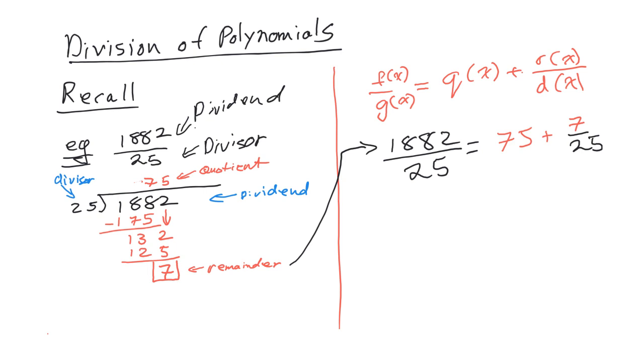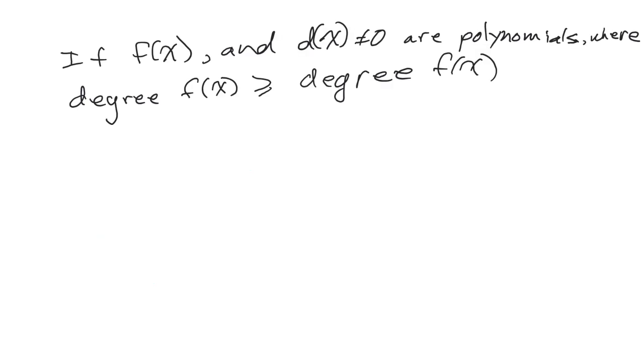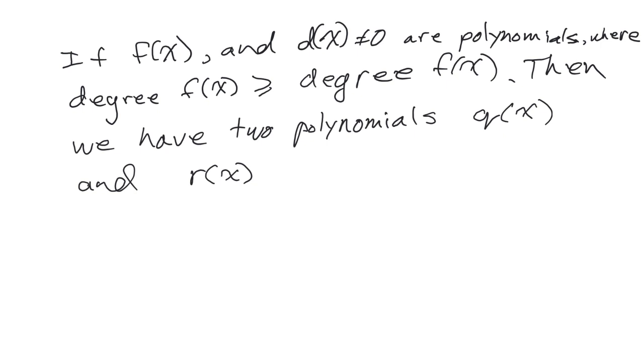Okay? Now, let's go and do the formalities. So here's what you need to know. I have f of x and d of x, where d of x is not 0, where f of x's degree is greater than or equal to the degree of d of x. Then we have two polynomials, q of x and r of x, such that this is true.